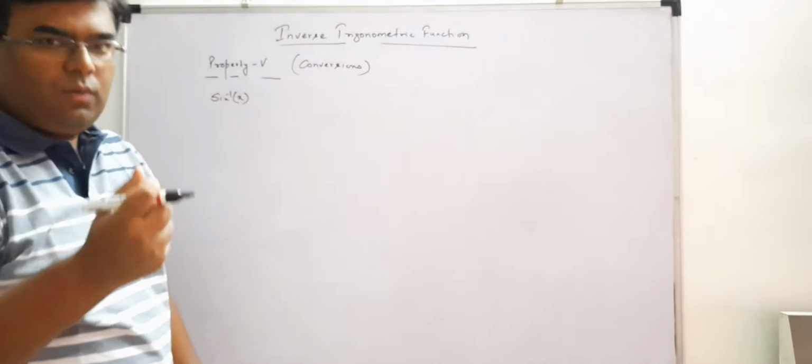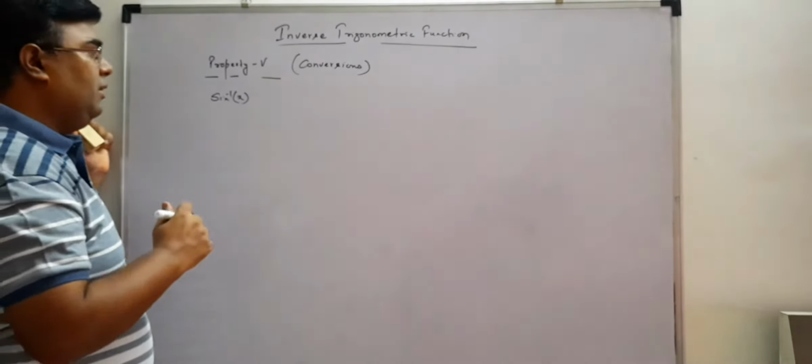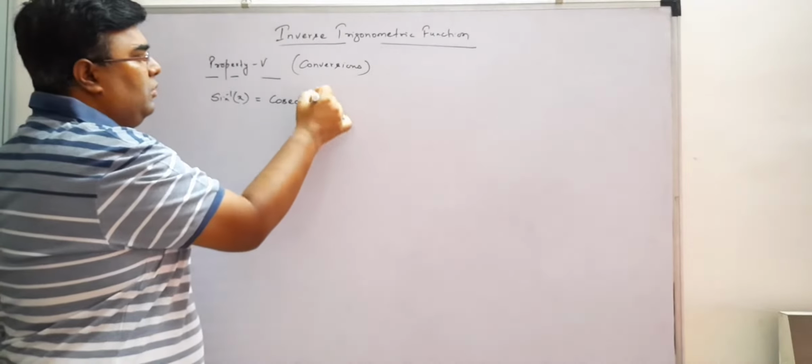We need to know that this inverse function is equal to cos inverse of what, sec inverse of what? We know one thing, it is cosec inverse 1 by x, the reciprocal property if you remember. So this we know.